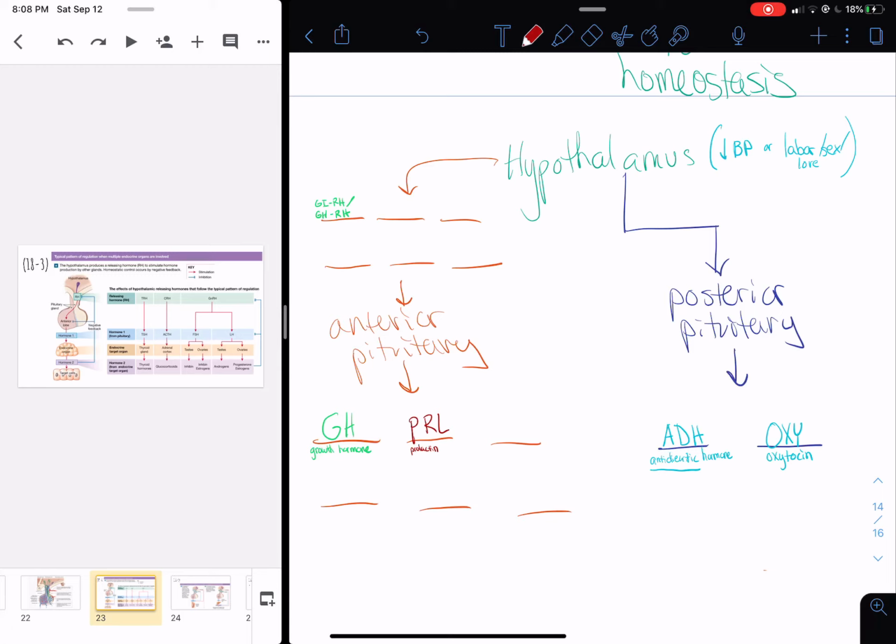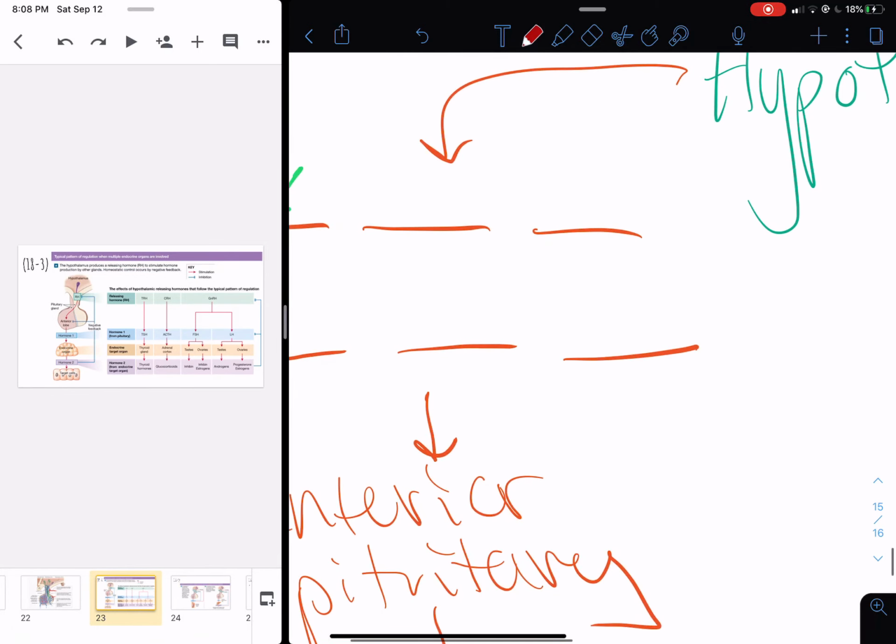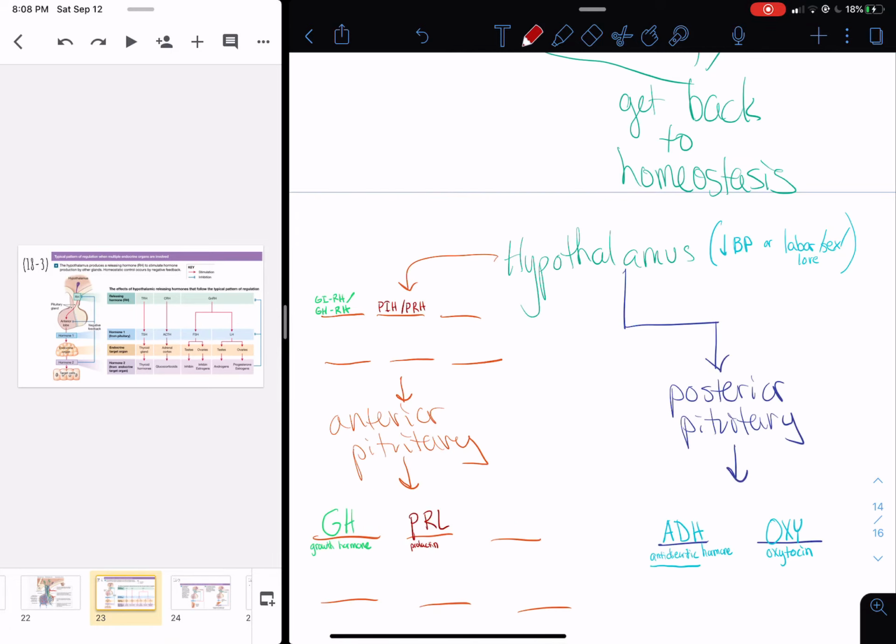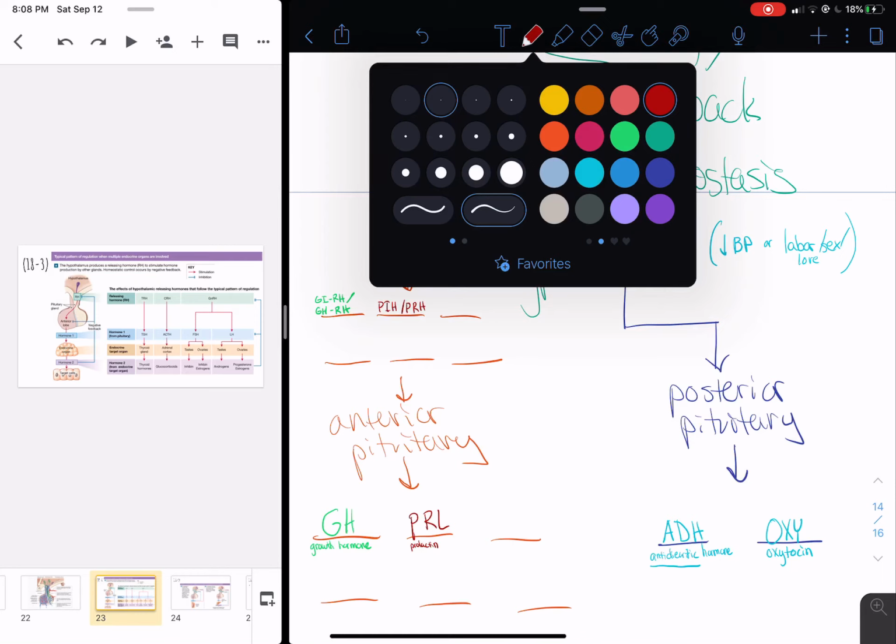And in order for prolactin to be released, the hypothalamus has to release either prolactin inhibiting hormone or prolactin releasing hormone.